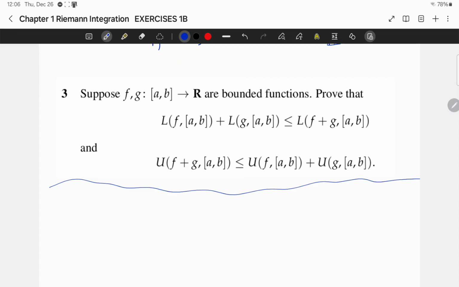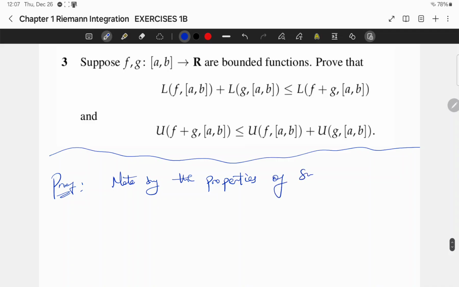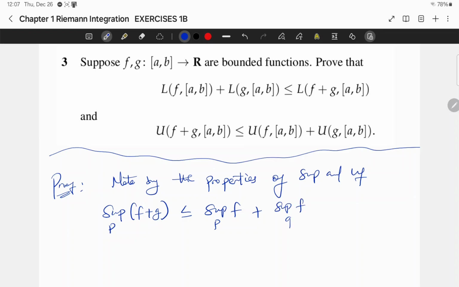So we can just go by the properties of supremum and infimum. First, by the properties of sup and infimum, sup of f plus g over any partition is obviously less than or equal to sup f over the partition plus sup g over the partition.